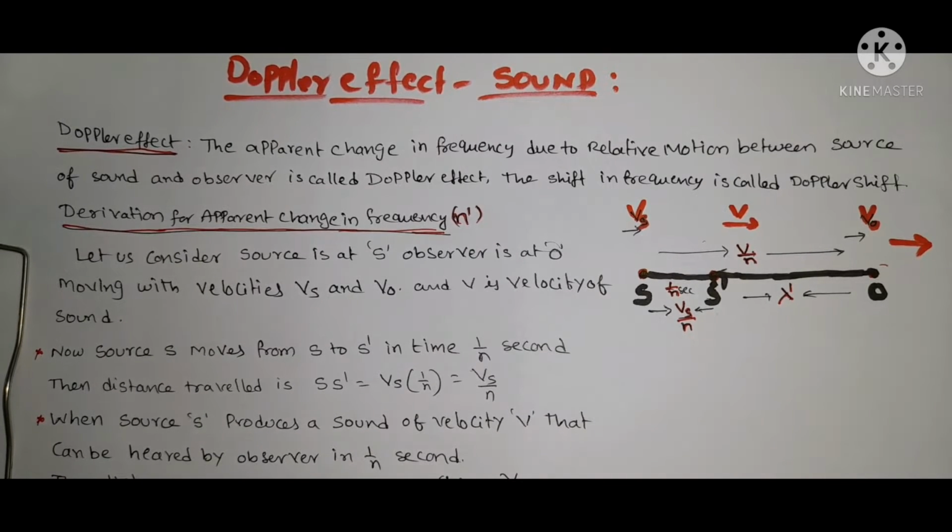So the best example for this will be, let us assume that you are standing on a railway station platform when the train is coming towards you, whistling. When it is coming towards you, the frequency of sound will increase.